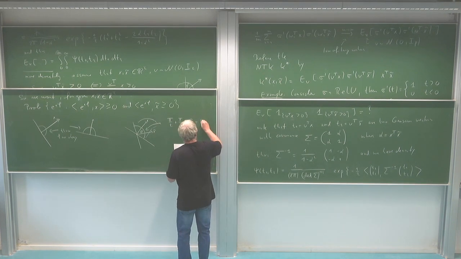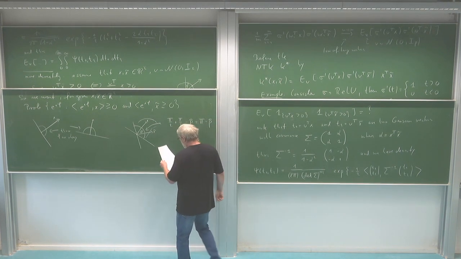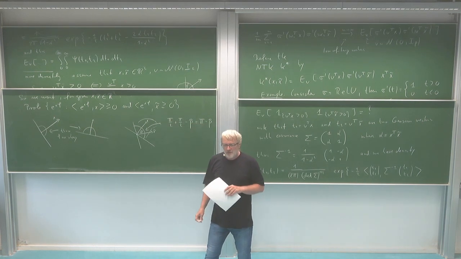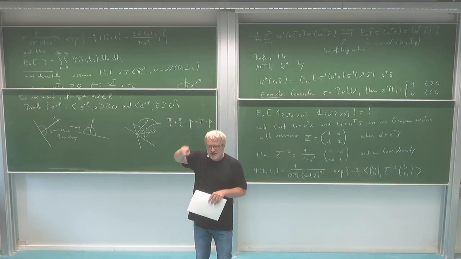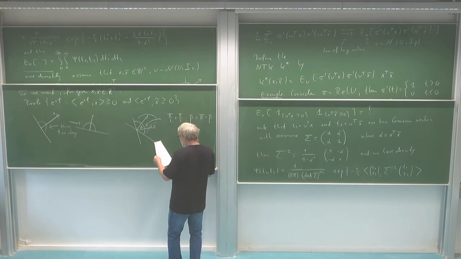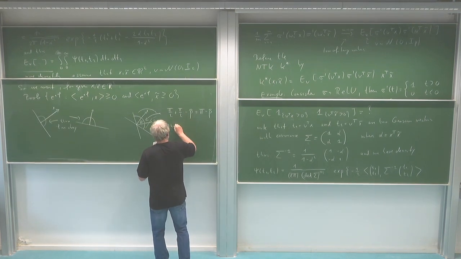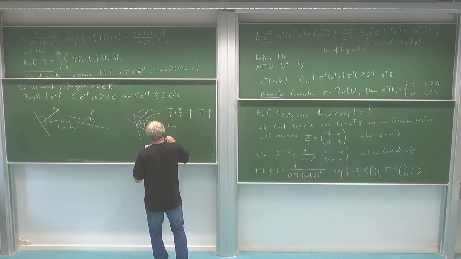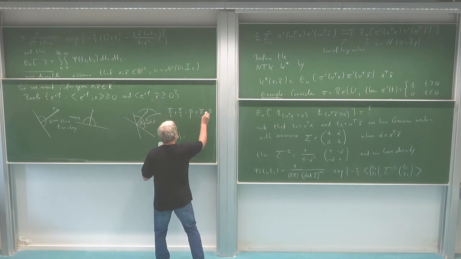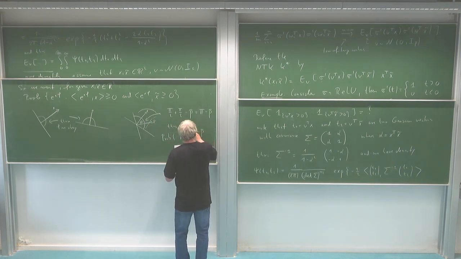And of course, this is pi minus beta. Because I want the probability, I have to normalize it by 2 pi, because 2 pi is the whole angle of the circle. So the probability I'm looking for is just pi minus beta divided by 2 pi.